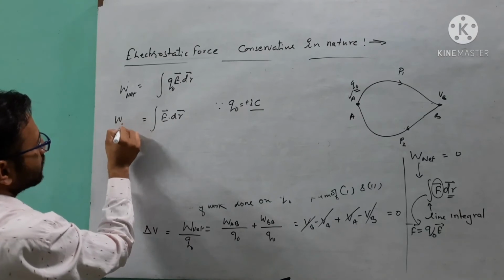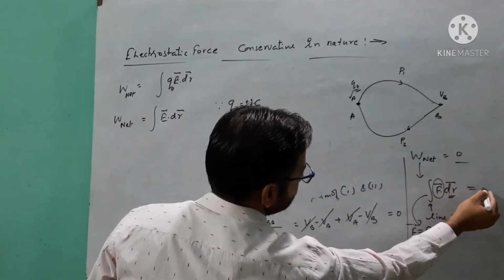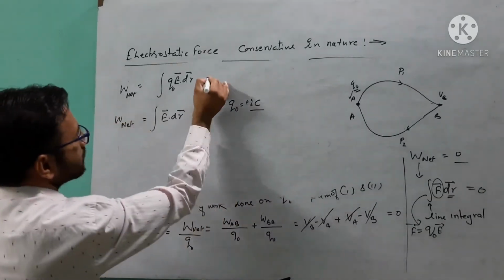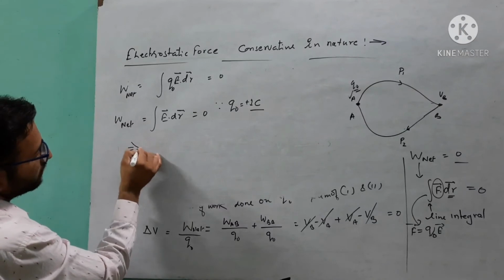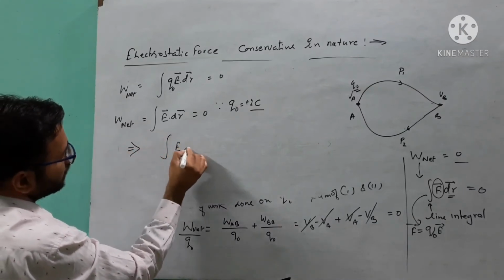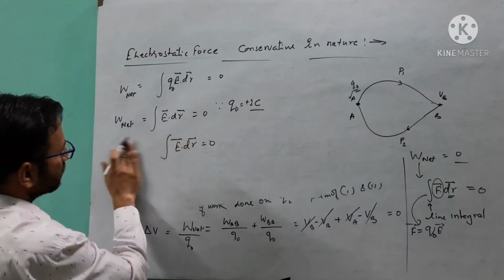Which is equal to W net, and we know that this W net is equal to 0. So finally we will get E dot dr is equal to 0.